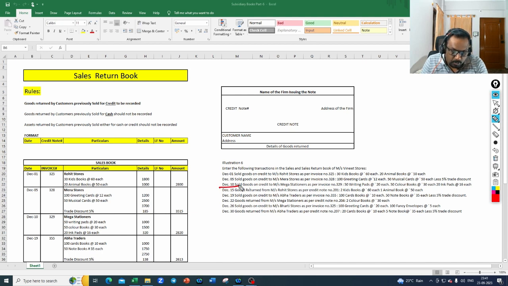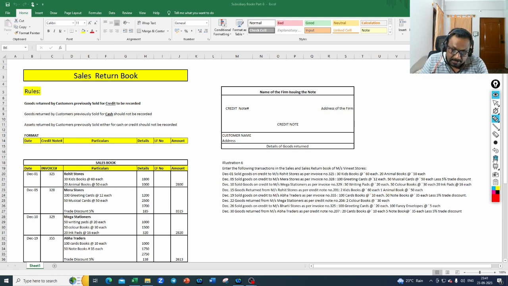December 10th, sold goods on credit to Messrs Mega Stationers as per invoice number 329, 50 writing pads at 20 rupees each, 50 color books at 30 rupees each, 20 ink pads at 16 rupees each. That is what they have given. Next, goods returned to Messrs Rohit Stores as per credit note number 201, kids books at 60 rupees each, one animal book at 50 rupees each.